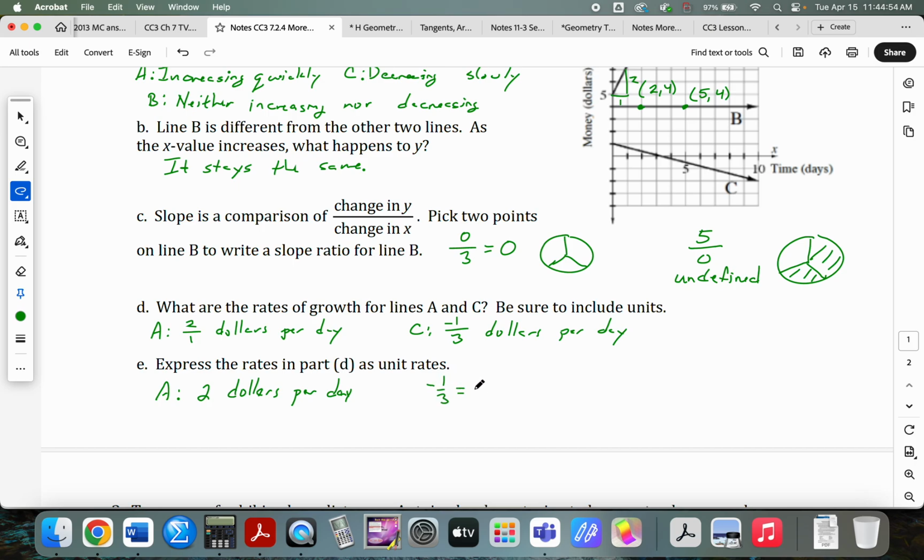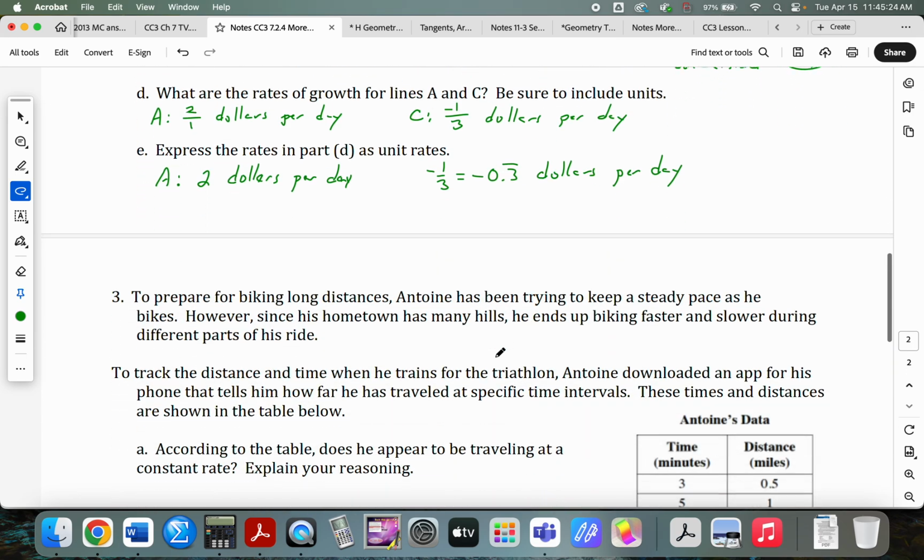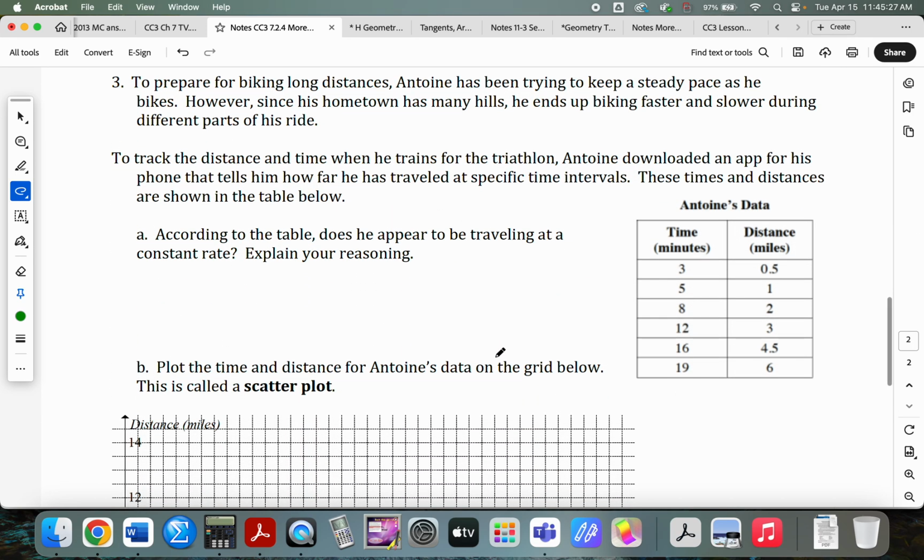Can you write that as a decimal? 0.3 repeating. Very nice. 0.3 repeating dollars per day. So up here, we could have written C as -$1 per every 3 days. That would be the growth rate. All right, let's move on to the back.